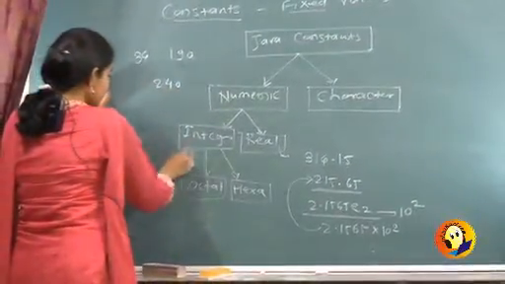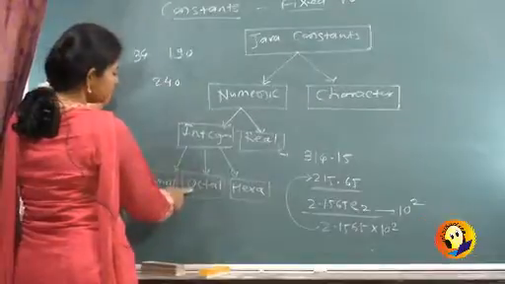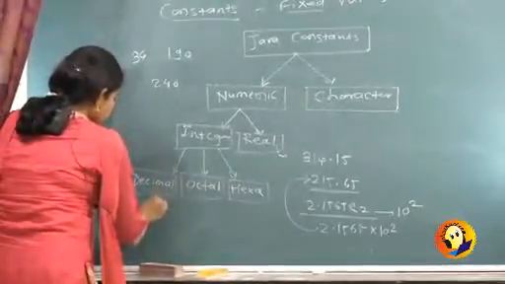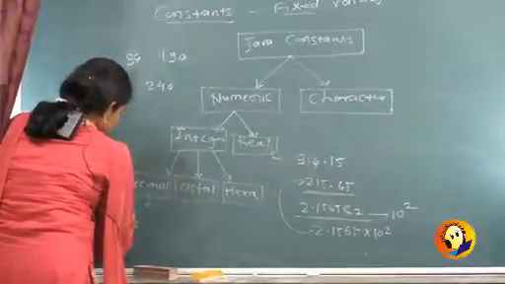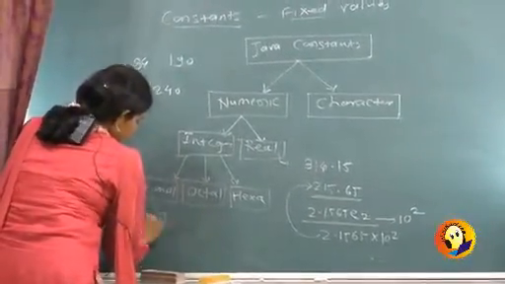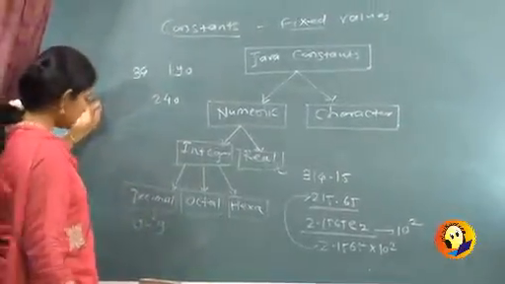So integers are mainly divided into 3 types: decimal integer, octal integer and hexadecimal integer. Decimal integers start from 0, this set is 0 through 9. These are a total of 10 decimal digits.